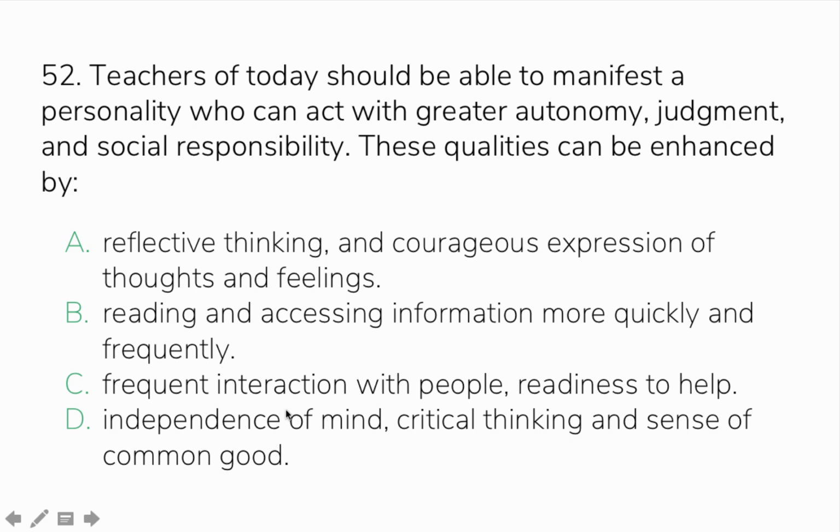Option C, we have social responsibility. It's only one. Interaction with people. And then in option D, we have independence for autonomy, critical thinking for judgment, and sense of common good for social responsibility. So if you answered option D, you got it correctly. Good job!